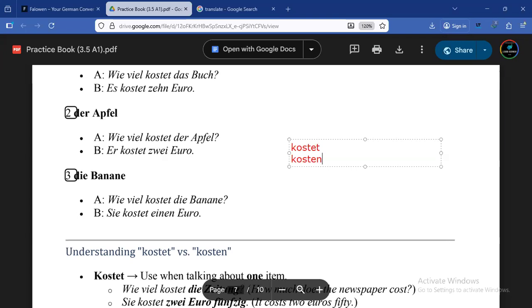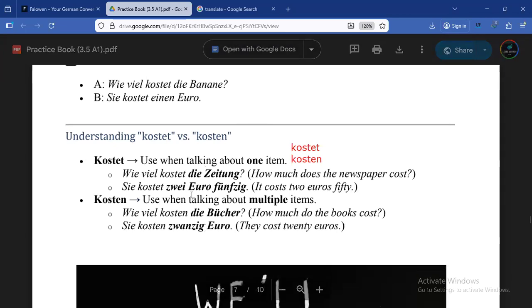Kostet is for singular nouns, and kosten is for plural. Yes, so kostet for one and kosten for plural. So when you are talking about one item, then it's kostet.